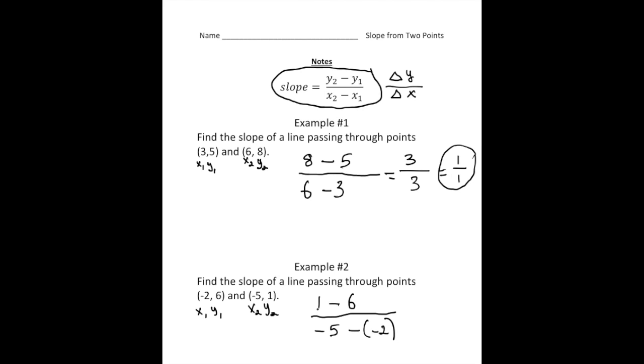So 1 minus 6 is -5, over -5 minus -2. Remember, when you subtract a negative, it's the same as adding. So we're going to make that a -3 because -5 plus 2 is -3. So finally, we have a negative divided by a negative, which is a positive. So the slope of this graph is going to be 5/3.